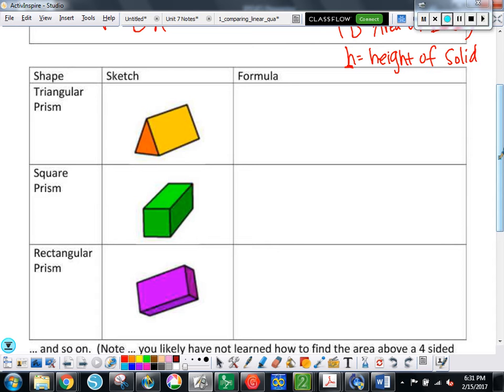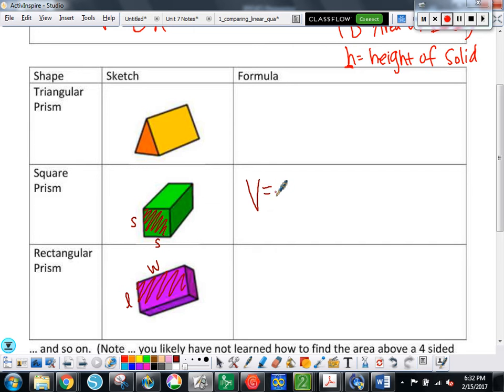For the square prism, each side I'm going to call S because they're the same. Now the rectangle is different, right? On my rectangle, pretend this is the base. It's probably wise to highlight the bases. On the rectangle, these two sides are not the same, so let's call it length and width. But on the square, all four sides are the same. So how do I find the area of the square?